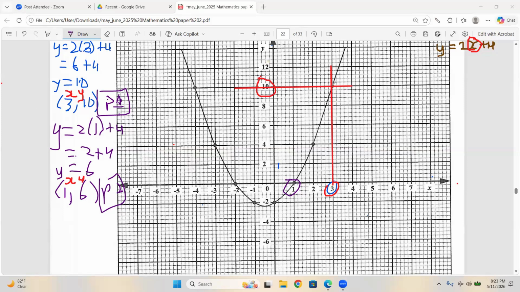Interesting. With the quadratic, I meant. So that's one of the points for the straight line graph they want us to draw. When x is 1, y is 6, draw lines, let them intersect, and that's where the point will be. Okay, so we have the point there.